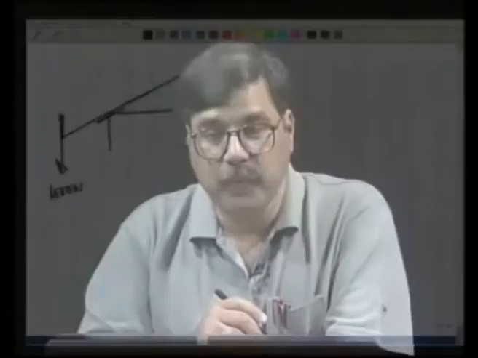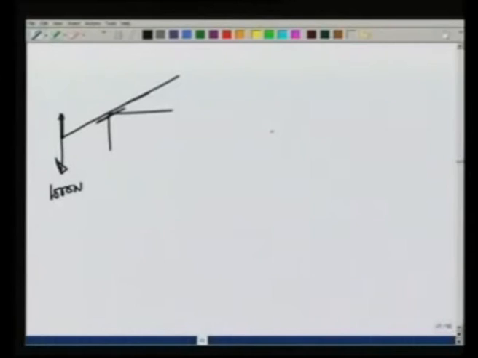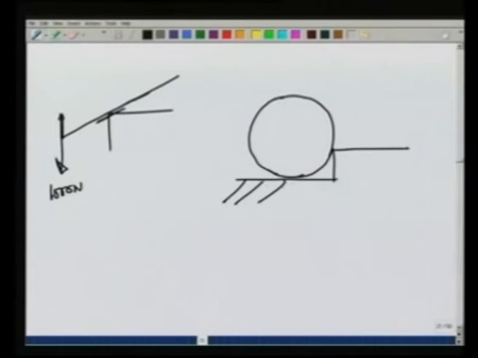Let me now do one example of this problem. Let us say I want to pull a roller. This is a very standard problem over a step like this.